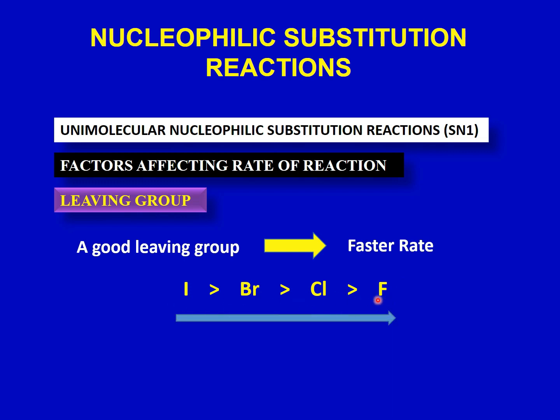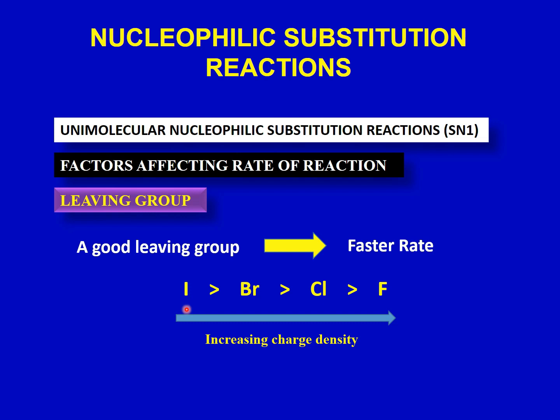In the case of alkyl halides, we could have alkyl iodides, alkyl bromides, alkyl chlorides, and alkyl fluorides. Again, I have arranged them in decreasing order of rate of reaction, which means the rate with iodide will be faster than bromide, chloride, and fluoride.